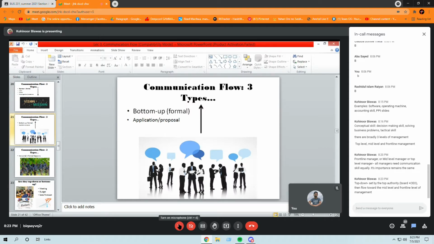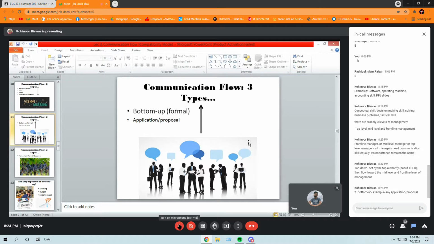Now, second is bottom up, just the opposite. Look at this arrow and at this example, application and proposal. Number 2 is about bottom up communication. The example is any application or proposal.